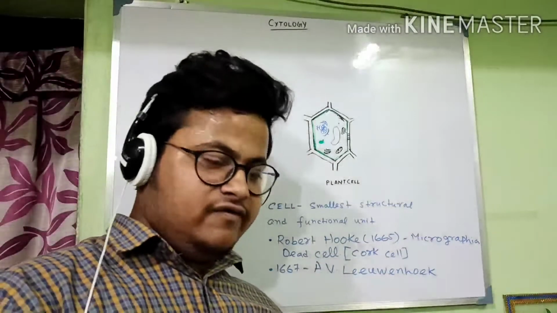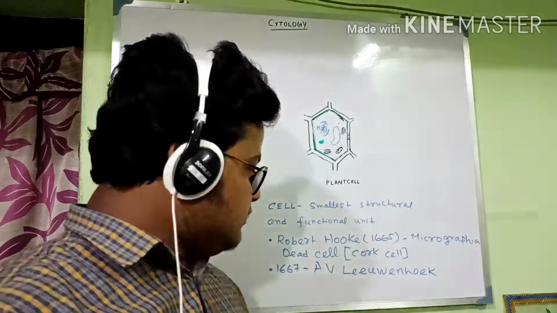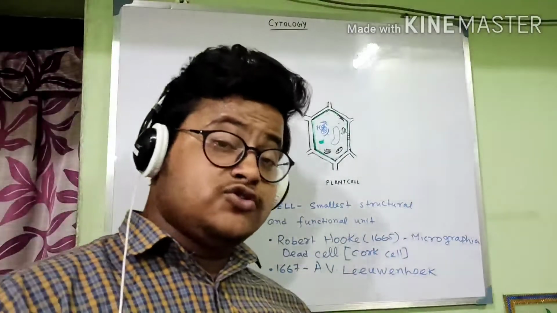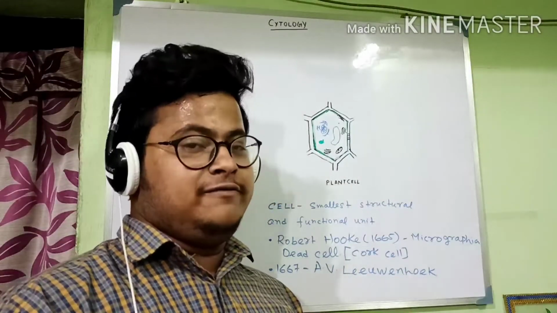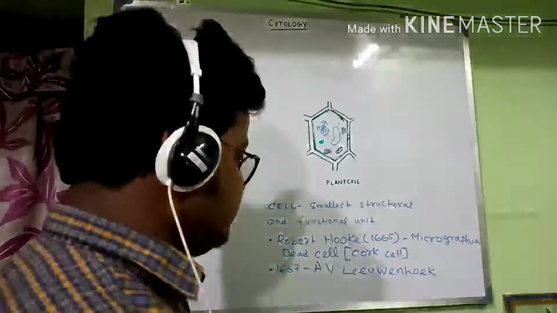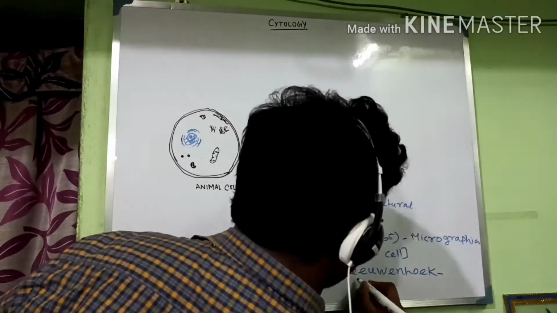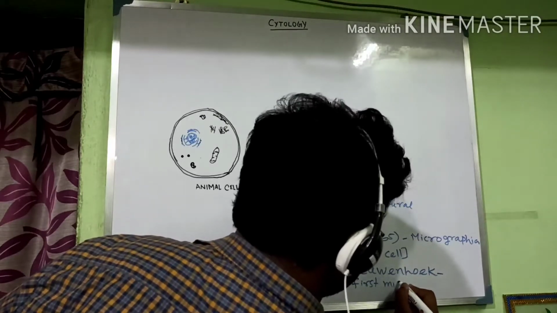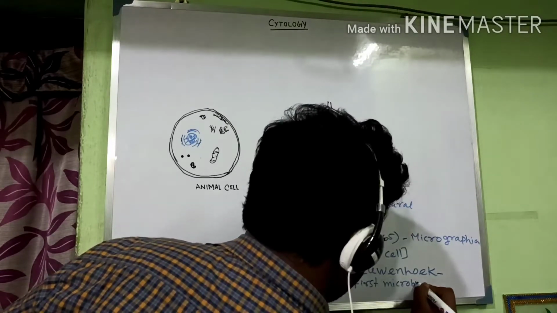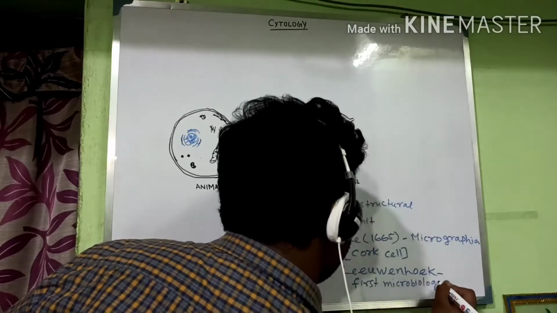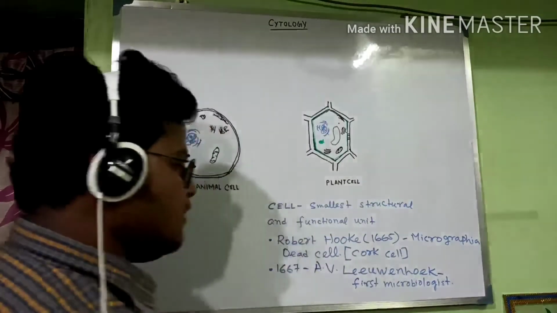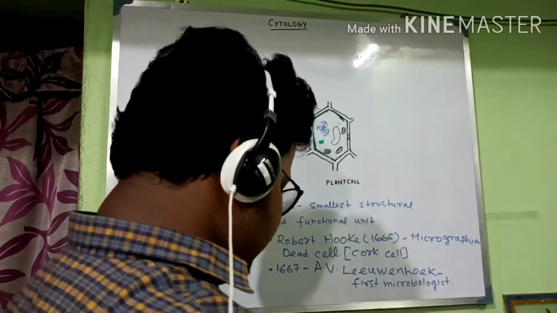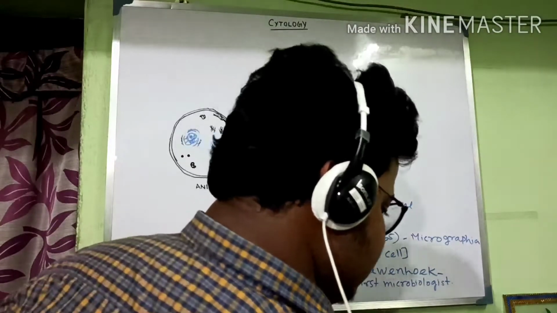Anton von Leeuwenhoek was also known as the father of microbiology, the first microbiologist in the world.